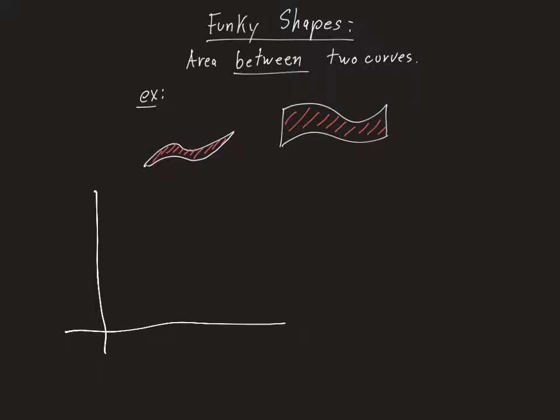So here, to try to make something that looks relatively similar to the first example, if we have some curve up here that is, let's call it f of x, and then another curve down here, let's do this one in blue, that is going to be g of x. And let's make sure that these two meet.